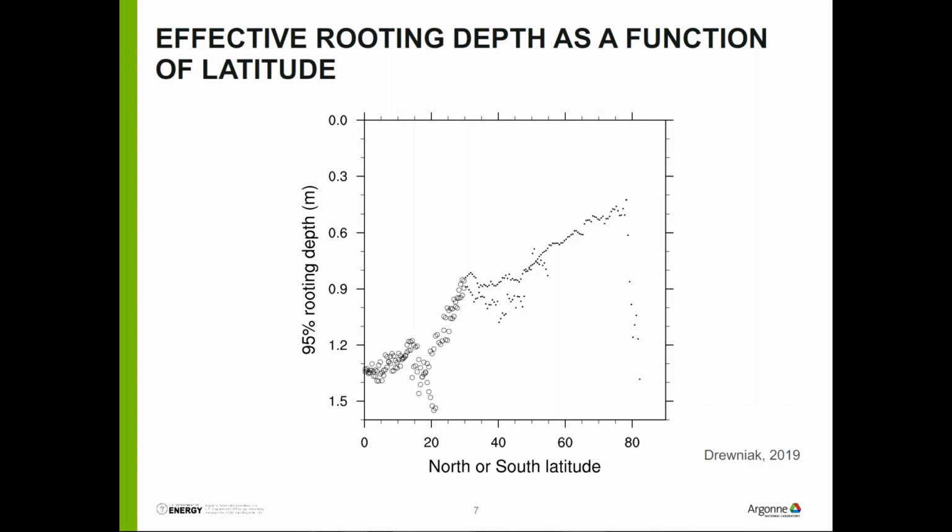And what we see is a decreasing effective rooting depth with increasing latitude. And this is in agreement with a lot of the observations. And so that gives us some confidence that the model is producing root distributions that make some sense.